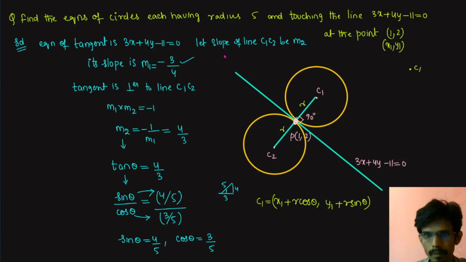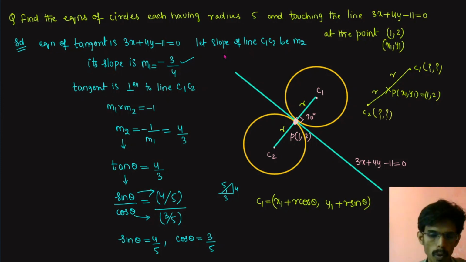I want C1, here we have C2, in between them we have a point P, that is x1 y1 equal to 1 comma 2. I know the distance r between these 2 points, so I can find C1 and C2 by the symmetric form using this formula.